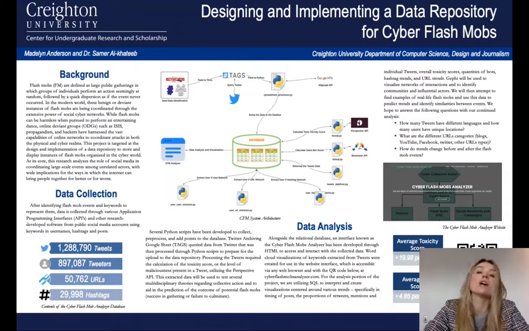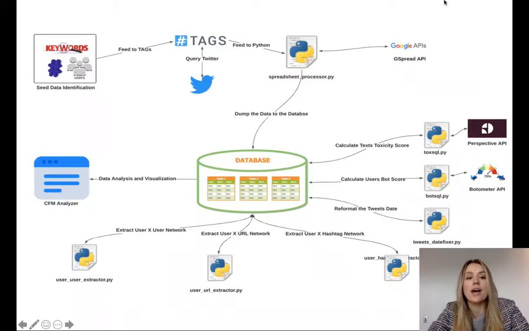We can see here in our overall system architecture that we started with these keyword identifications, and we queried that data from Twitter using the Twitter archiving Google Sheets. And this data in CSV format was fed into Python and a spreadsheet processor, which eventually we used to dump the data into our overall database in SQL.